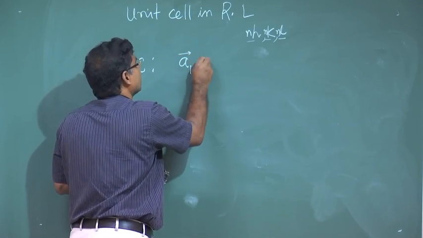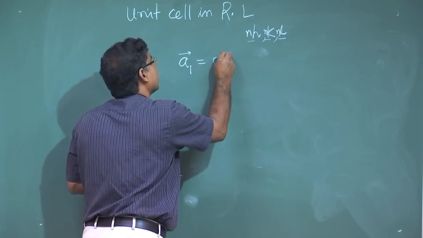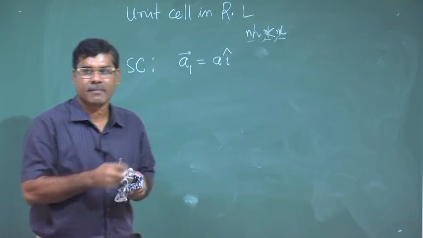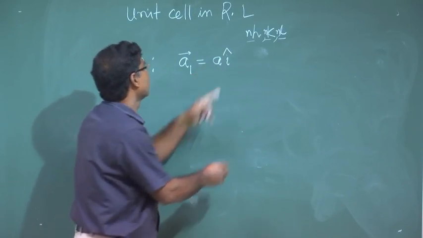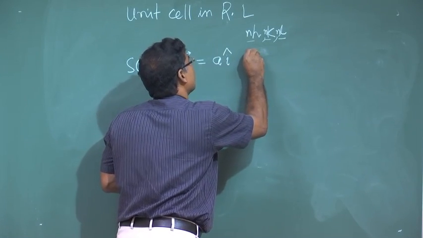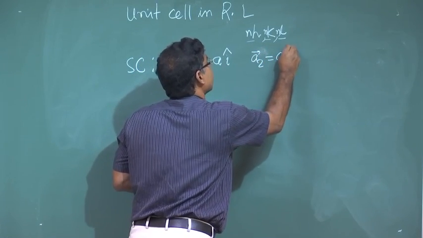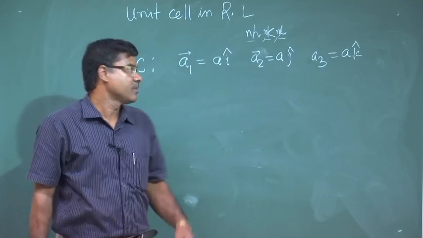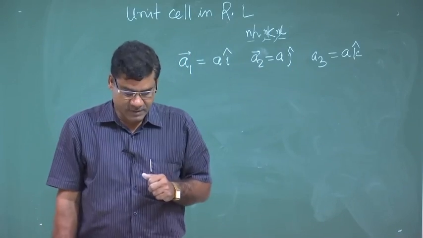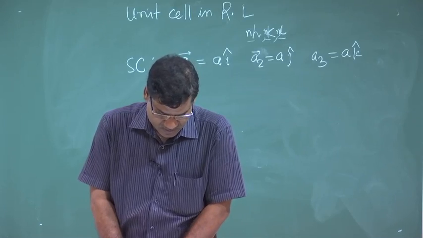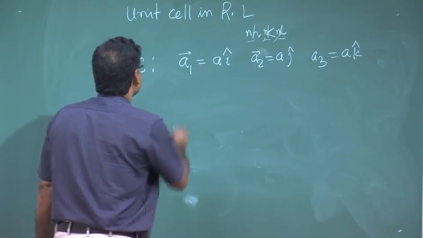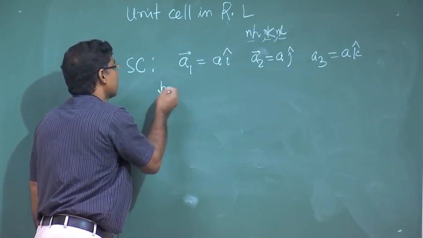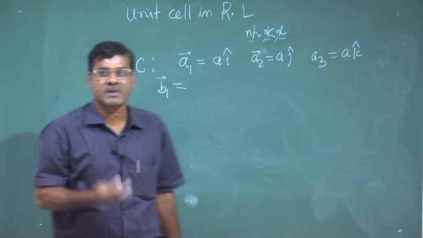A1 equal to a i, so along the axes A1, A2, A3, the magnitude is a: A1 is a i, A2 will be a j and A3 will be a k, right. Now, in reciprocal lattice, what will be the unit cell? I have to find out B1, B2, B3.